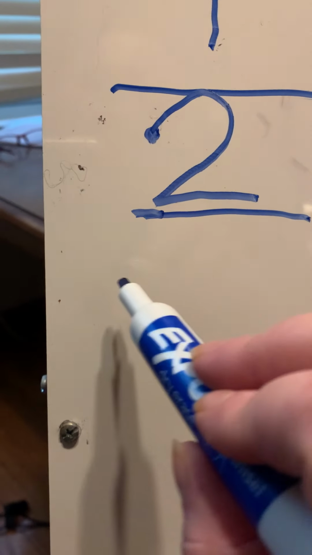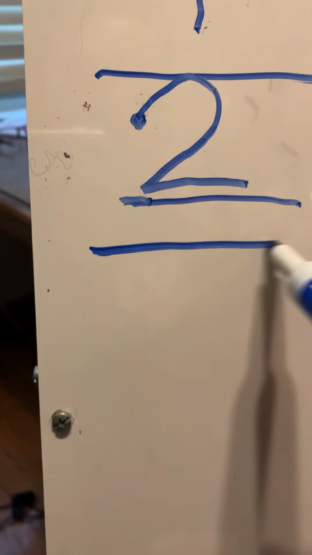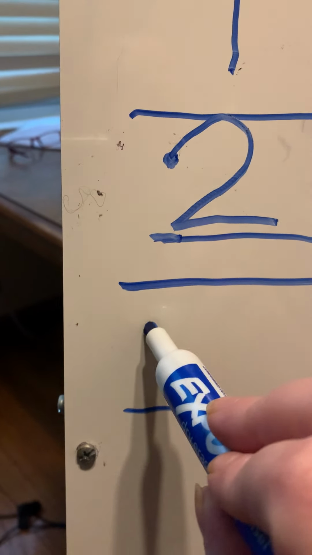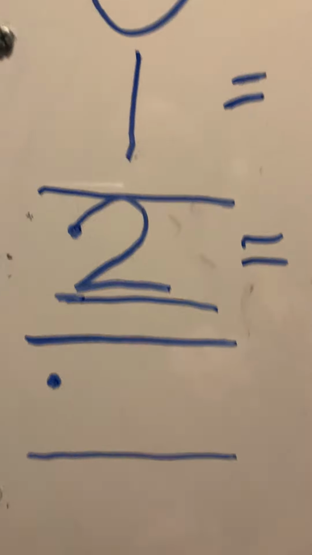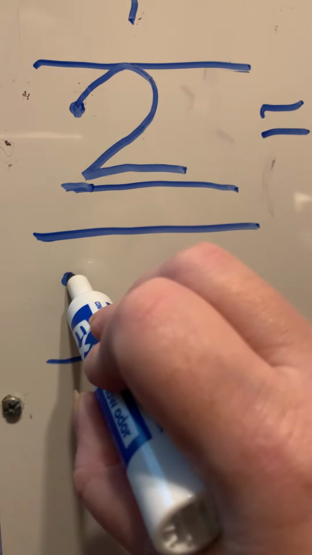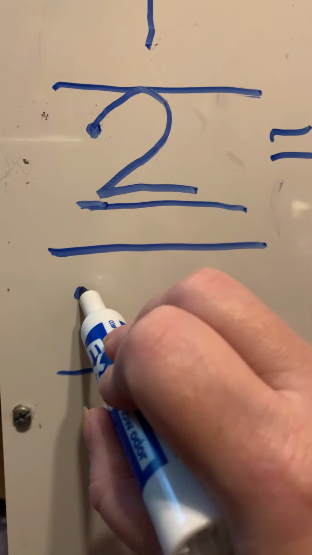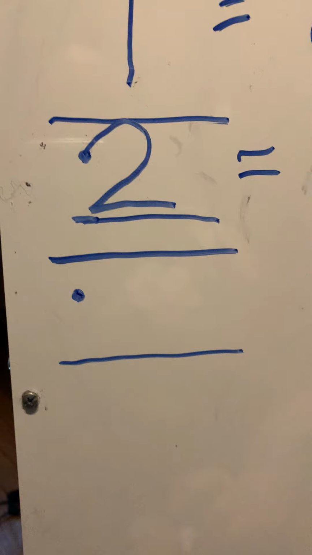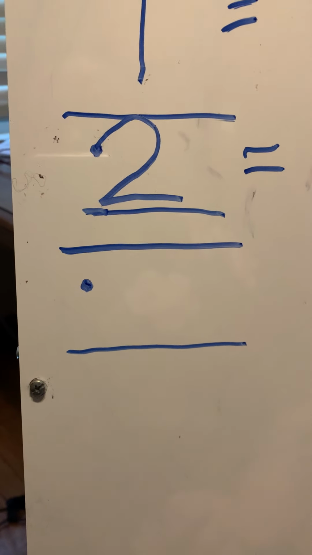Now we're going to do a 3. A 3, you kind of start like a 2, where if this was lined paper, you would have your beginning be about right here, not at the very top of the line, but just a little bit down. Or I should have reminded you, you don't have to have pencil and paper to do this video with me.